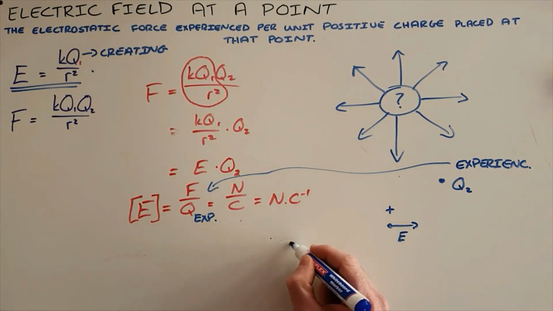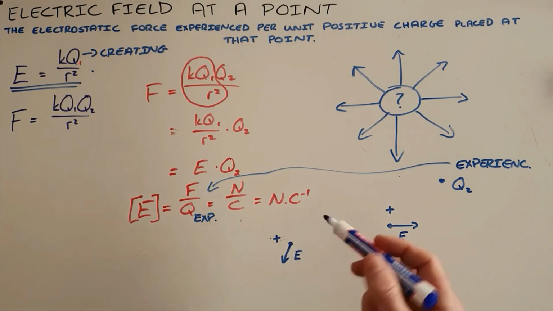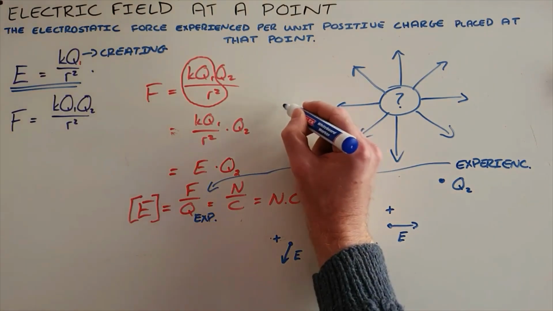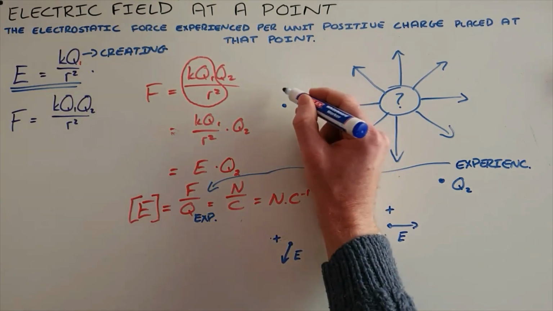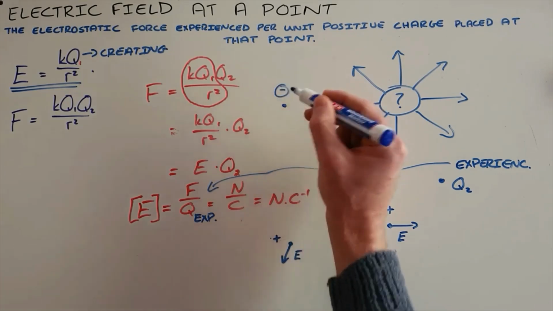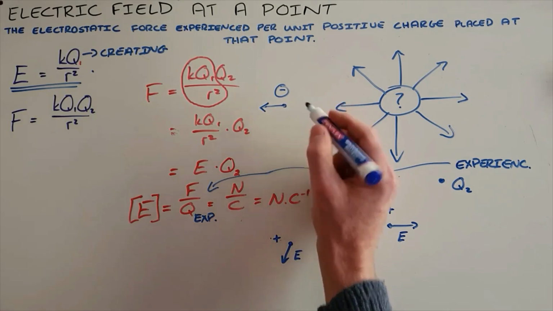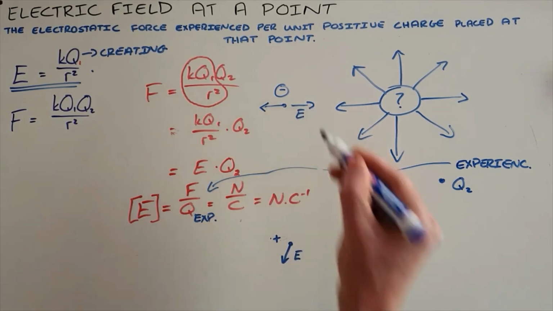When we are told that a positive charge experiences a force at some strange angle, then we know that is the direction of that electric field. And then sometimes, as an alternative, we are told that a negative charge experiences a force to the left at this point, which tells us that our electric field is directed to the right at that point.